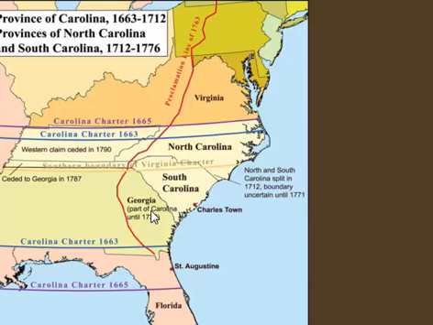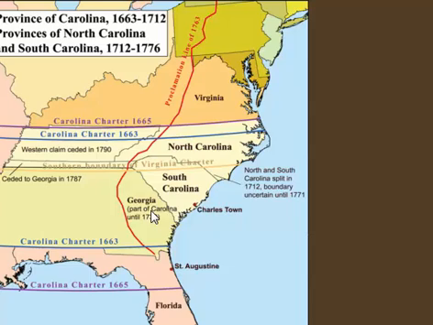Well, first thing is, you probably know this about North Carolina, that it was a much bigger colony than our state is. Not only did it extend all the way out to the west, but before it was divided up into North and South Carolina and Georgia, it was quite large.